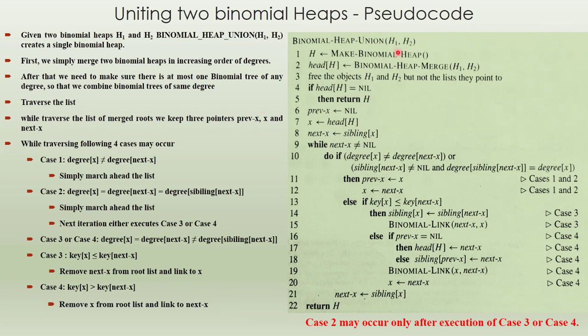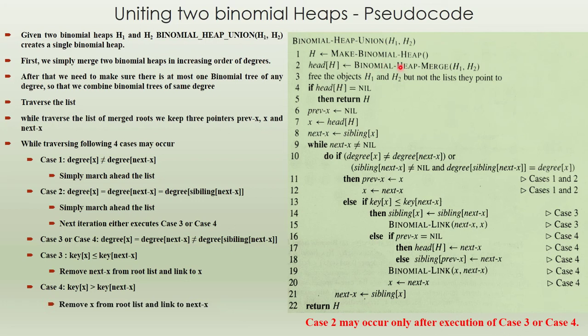This is the pseudo code for binomial heap union. First step, h equal to make binomial heap. We already studied this procedure to create an empty binomial heap. That means head of h will be stored with nil. Next I am calling a procedure called binomial heap merge h1 comma h2. This procedure simply merges two binomial heaps in increasing order of degrees.